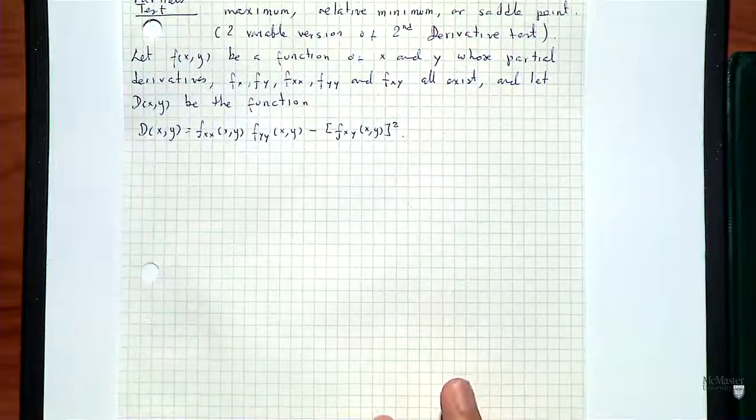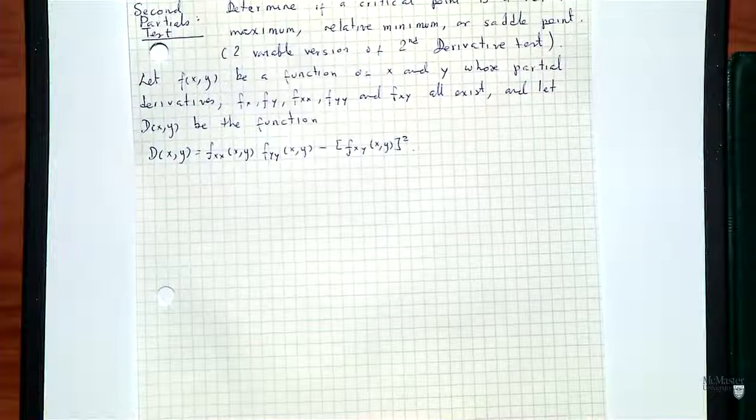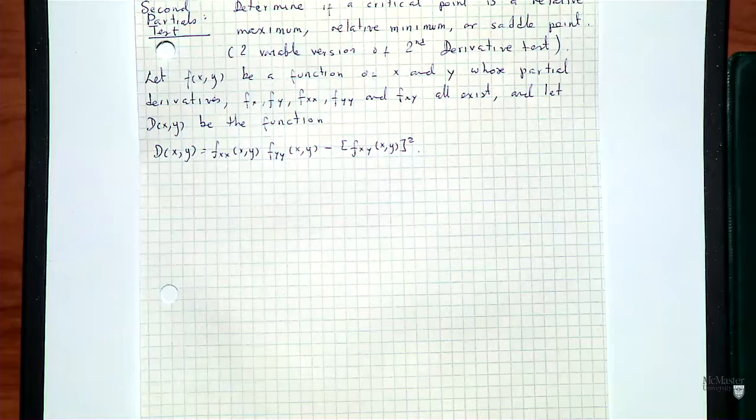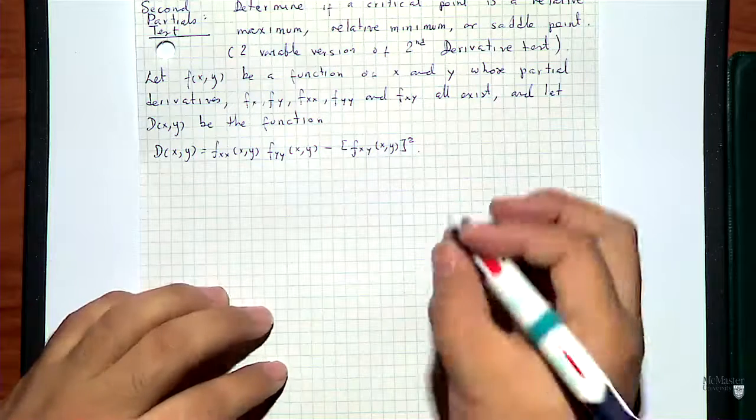Okay, before I make an observation, what does this look like? You have some symmetry, right? f_xx, f_yy, f_xy squared.